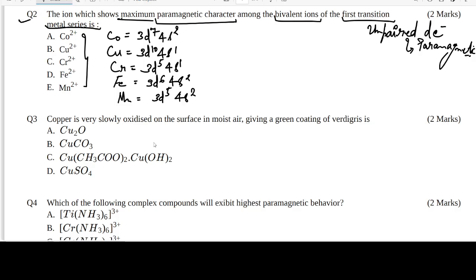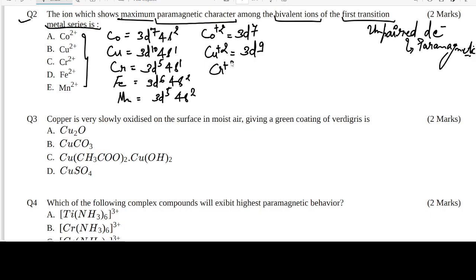Now let's make their dipositive ions. Cobalt +2 will definitely lose the 2 electrons from the fourth shell, so it will become 3d7. Copper +2 will become 3d9.